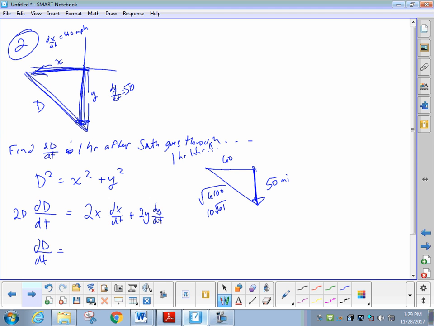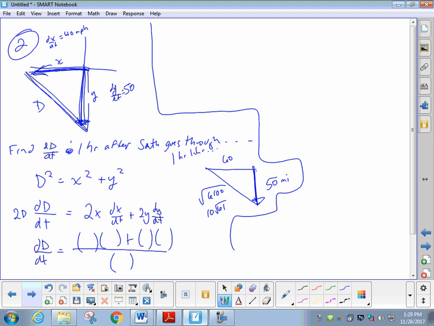You could divide out the 2, which is cool, and just have x dx/dt plus y dy/dt, all over d. Cool? Okay, that was 2. 3. Is 3 still a question? Yes. Okay.